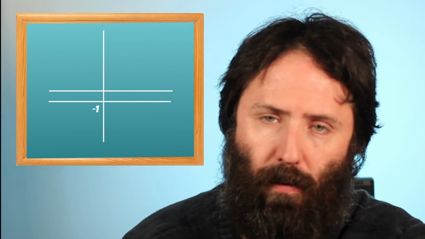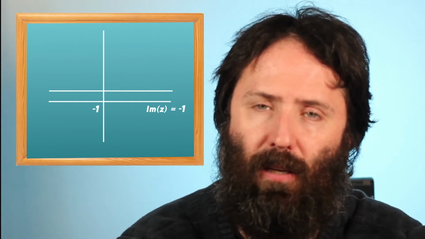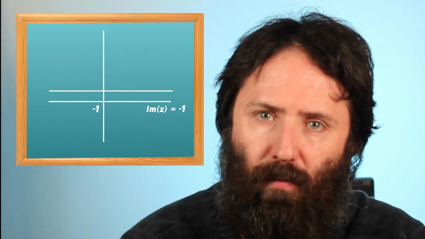And then I've drawn this horizontal line, Im z equals -1, because it's going through the point on the y-axis -1. It's representing any complex number that has imaginary part -1. And if we think again geometrically, where do those two lines intersect? They intersect at the point (2, -1), which is representing the complex number 2 minus i.